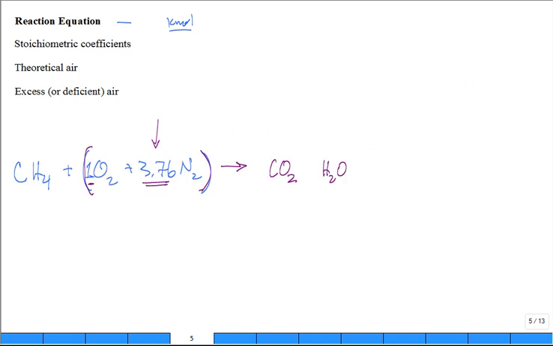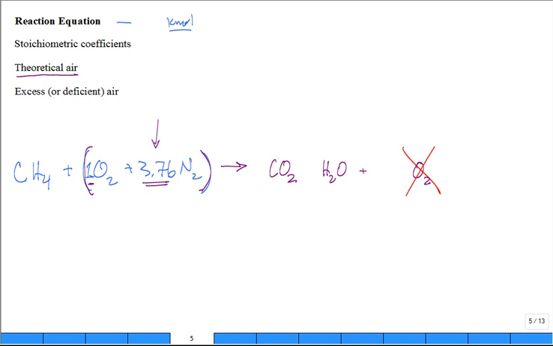And then for just a perfect amount of air, the 100% theoretical air, not any excess or any deficient air, just a perfect amount of oxygen, you're not going to have any O2 in the products. There's 0.